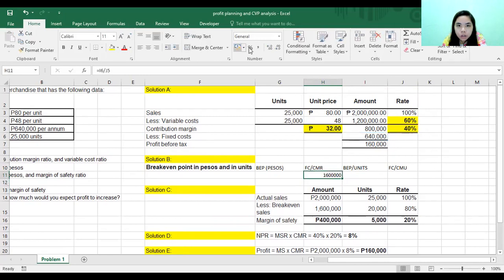So you are at break-even if your sales is around 1.6 million. Okay, you are at break-even. Break-even point in units, I got a bit lost, class. Break-even point in units, that's your fixed cost of 640,000 divided by your 32. Also, this is not a peso sign.